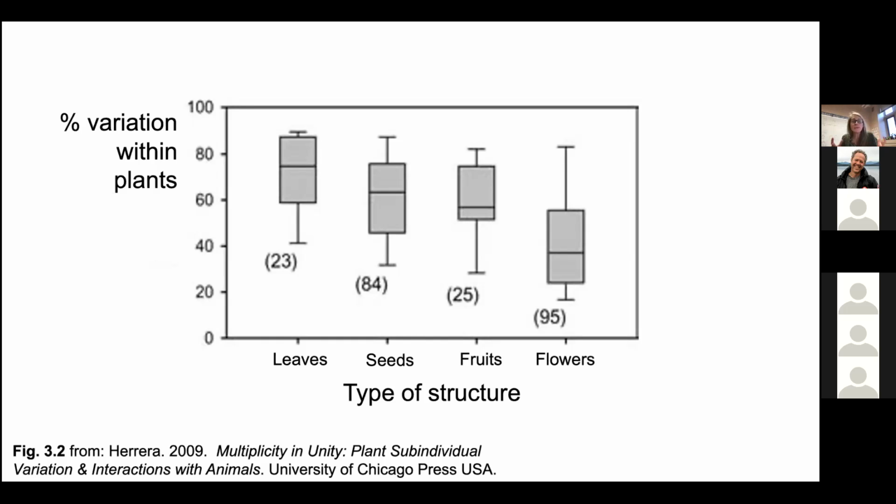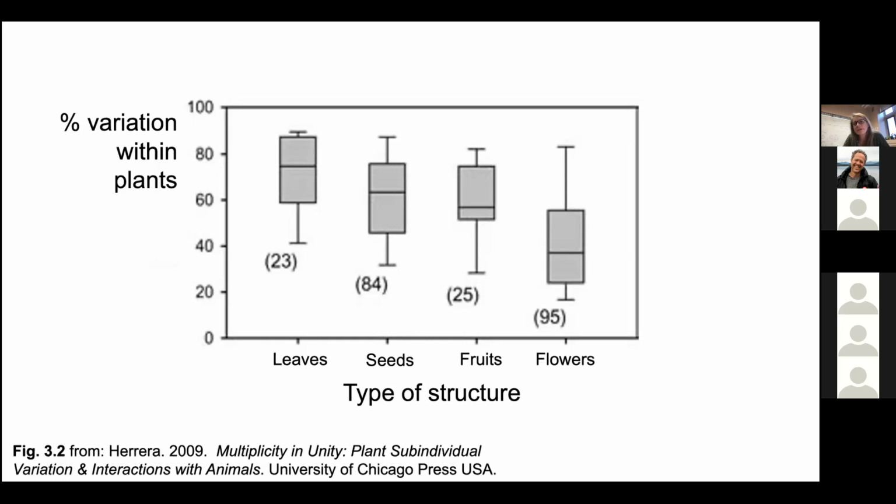So variance within individuals is large, and it's surprising to me then that it receives maybe less attention relative to its magnitude in the study of plant ecology than you might expect. You might say that plant ecology often neglects the potential importance of within plant variation.